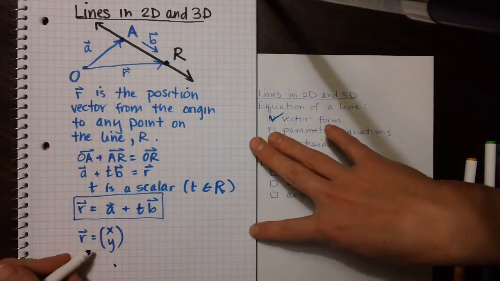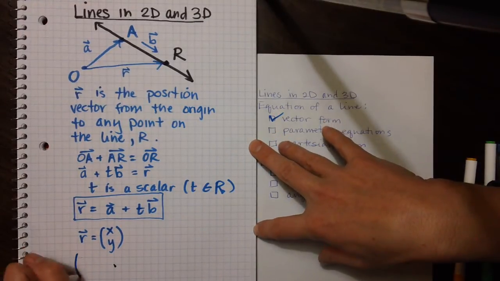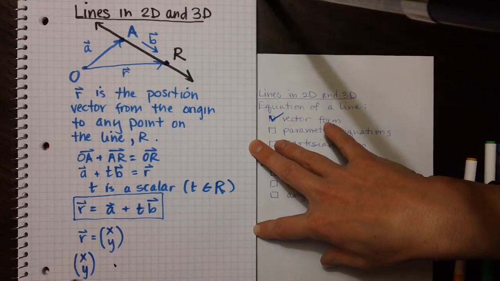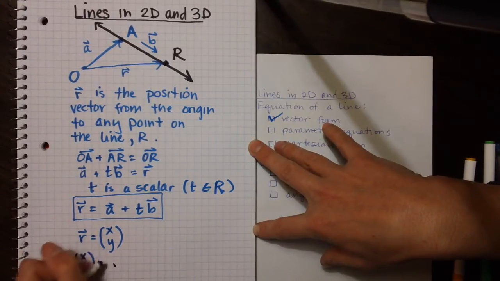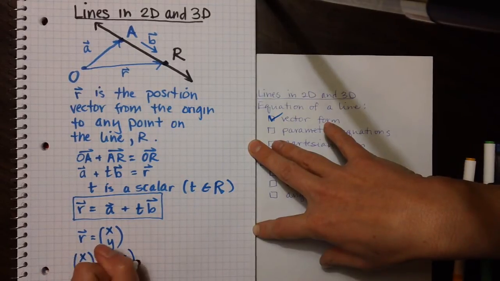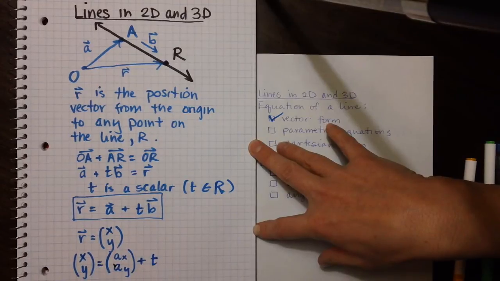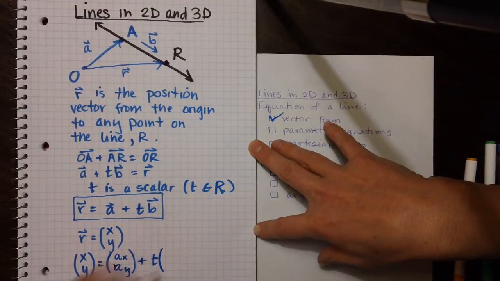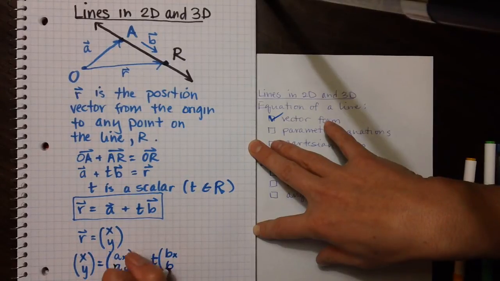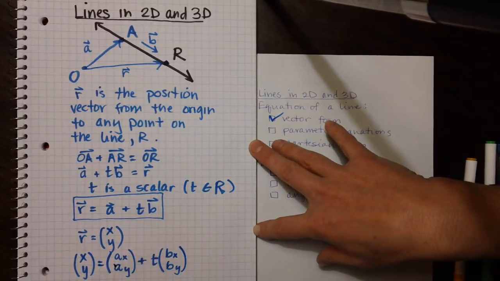So if I write this out like this, I could say r, or the x and y coordinates of point R, is equal to the x component of vector a, which I'll call a sub x, and then the y component of vector a, a sub y, plus t, my scalar parameter, times the x component and y component of the direction vector b.